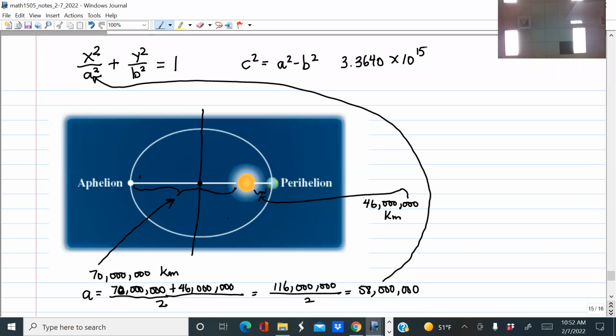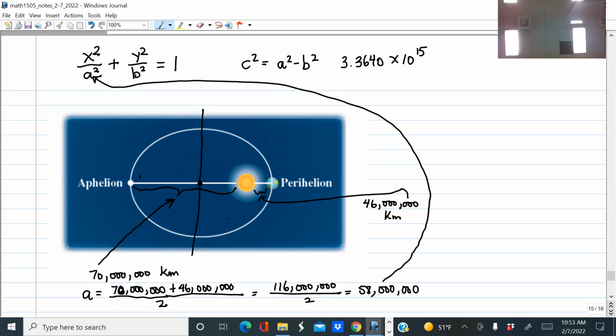Okay. Oh, and they want between 1 and 10. Yeah, 4 decimal points is what I saw in the answer. So that's why I put this extra 0 here. Okay.